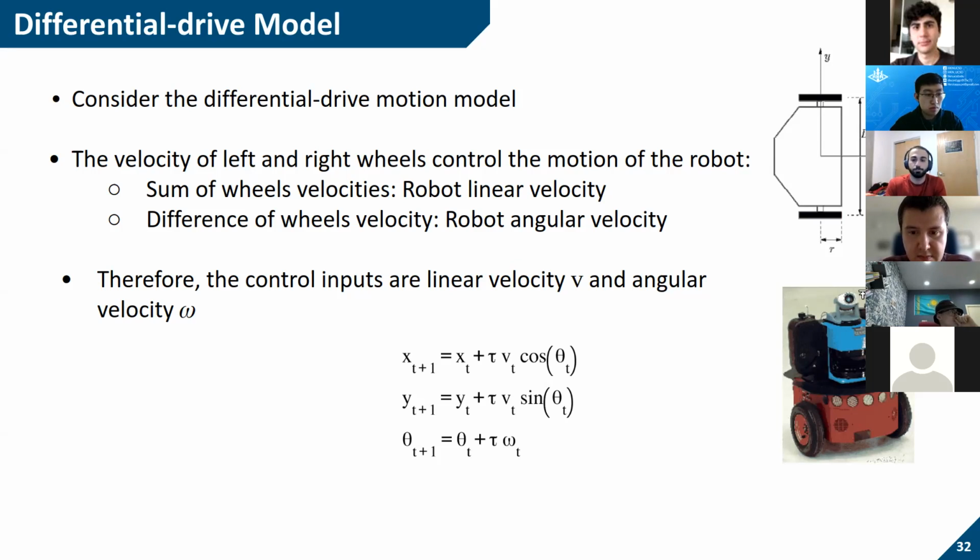And in a simple formulation, the motion of a 2D robot with a differential drive follows from these equations. Basically, omega is the angular velocity.